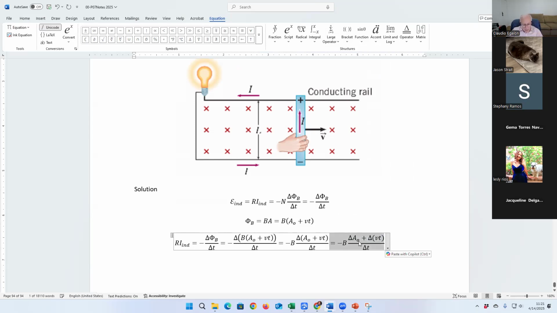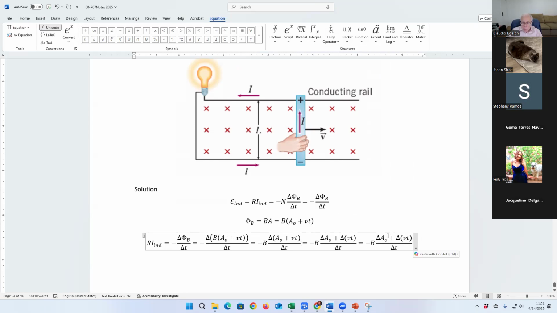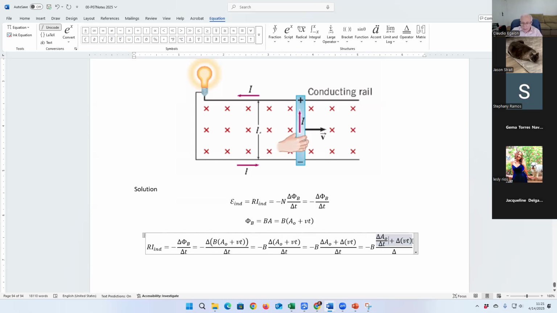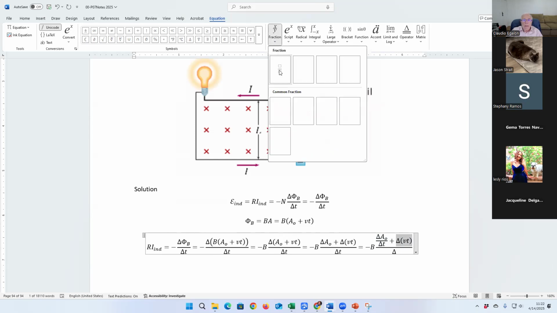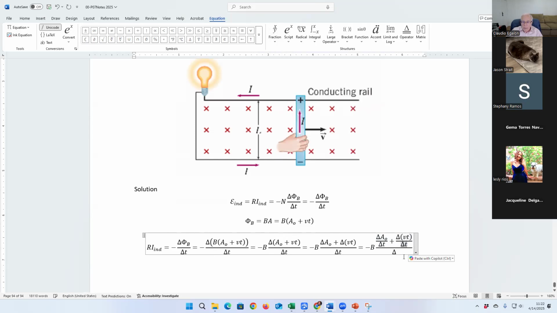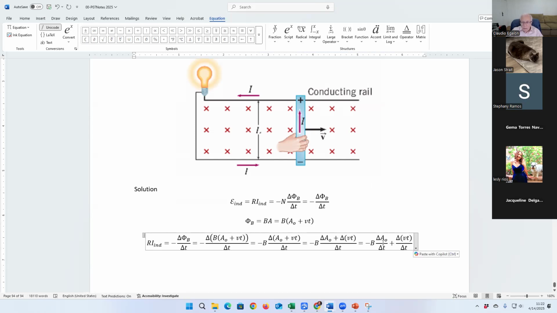I'm going to write that down in terms of two terms, delta A naught over delta t, and here we are going to write this one as well in terms of delta t. And I put a parenthesis here now.